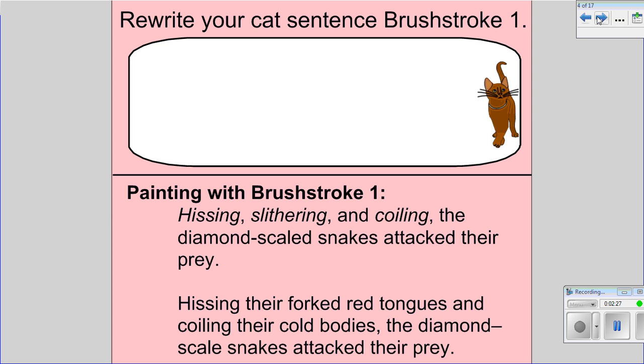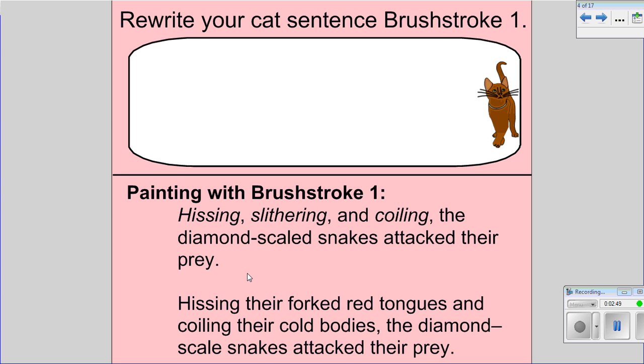So what I'd like for you to do right now, in your writer's notebook underneath brushstroke 1, is rewrite the sentence that you originally wrote about the cat, and apply brushstroke 1 to that sentence. If you look below the line, you're going to see the examples of brushstroke 1 from the previous slide. I also added a second one.